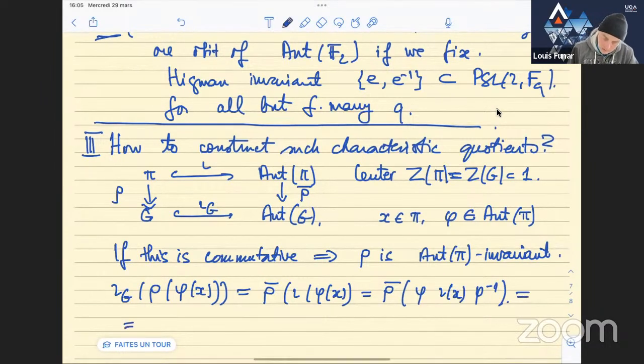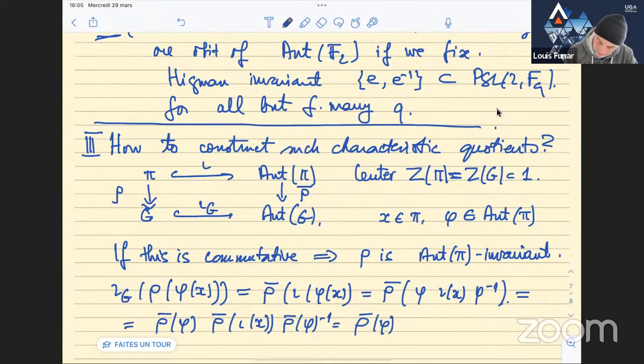I'm continuing, this is rho bar of phi, rho bar of I of x, rho bar of phi inverse. So this is rho bar of phi, I_G of rho of x, rho bar of phi inverse.